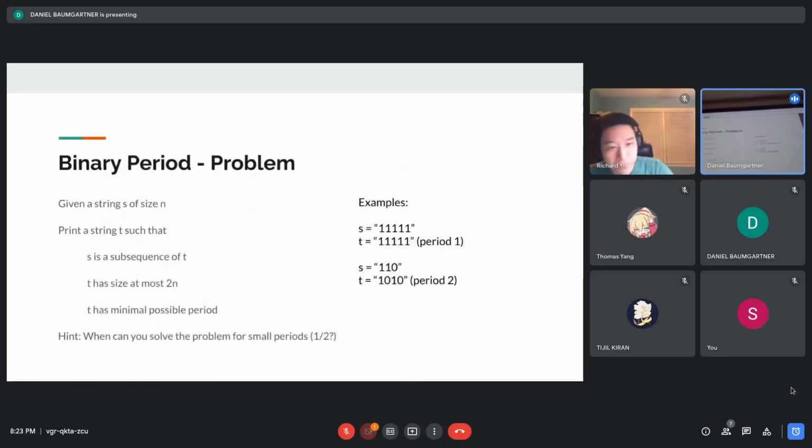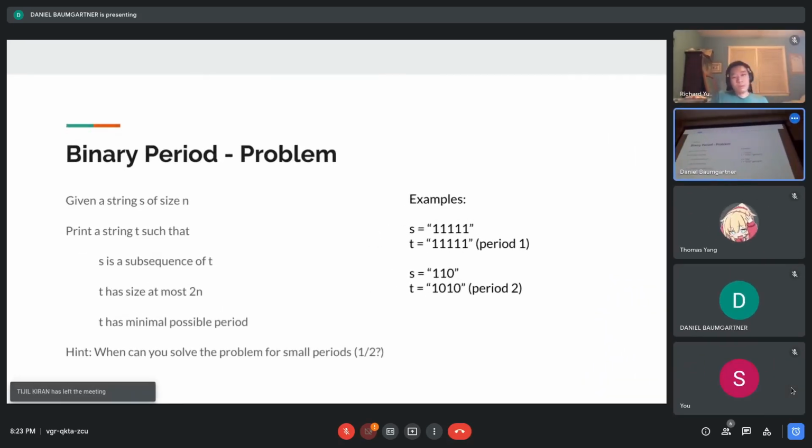So the problem is binary period. Basically, we're given a string s of size n, which will have only zeros and ones, I believe. We want to construct another string t such that the first condition is that the given string is a subsequence of this string that we constructed.